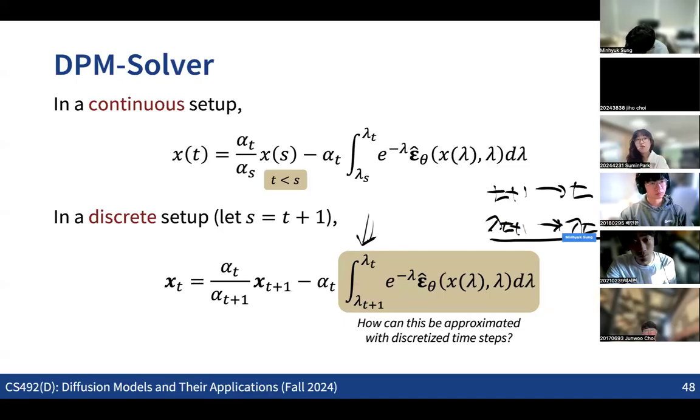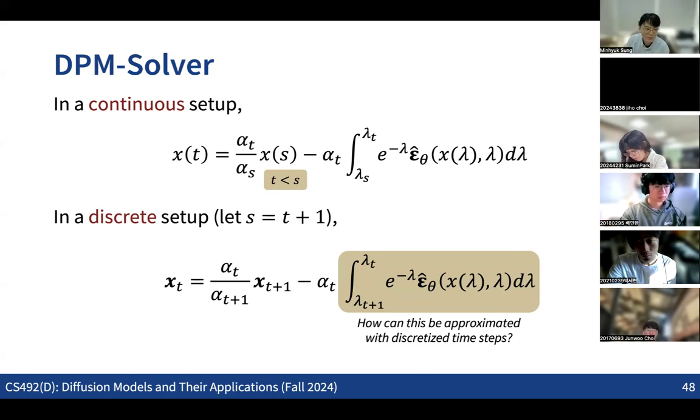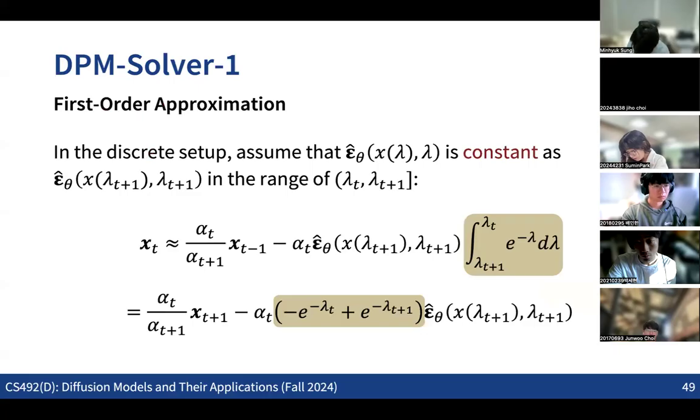And we know that this range would be very small, a very short range in lambda space and also in time t space. So in such a short range, the simplest way to approximate this is to assume that this epsilon will be constant over the range. This is the first order approximation, assuming that epsilon is constant in the range from lambda t to lambda t plus 1.